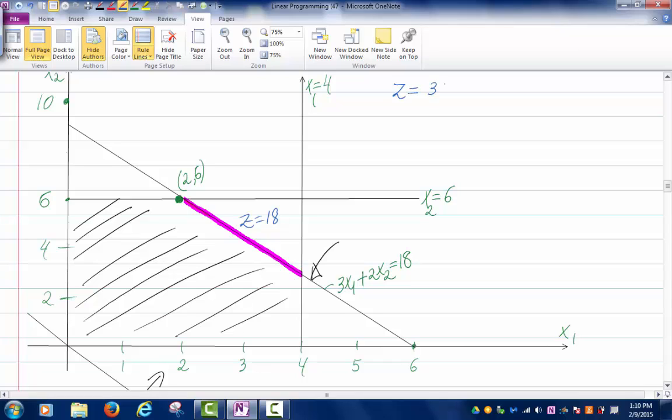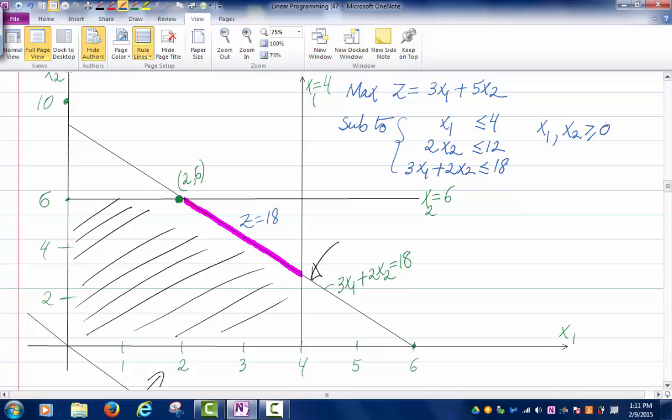I think the objective function was 3x1 plus 5x2, and we were maximizing, subject to the constraints: x1 less than or equal to 4, 2x2 less than or equal to 12, 3x1 plus 2x2 less than or equal to 18, and of course we also have the non-negativity constraints that x1, x2 were non-negative.